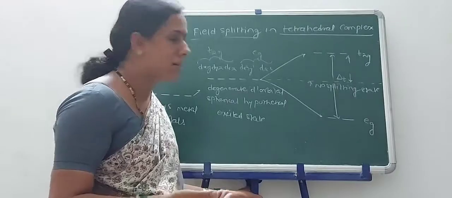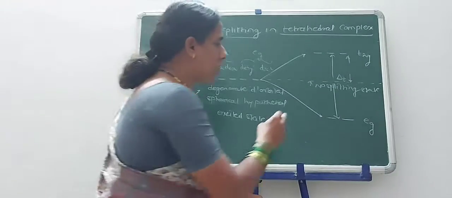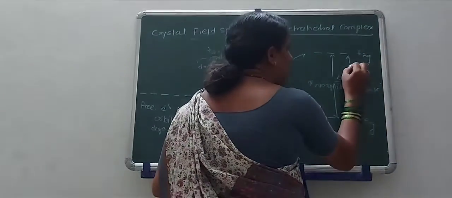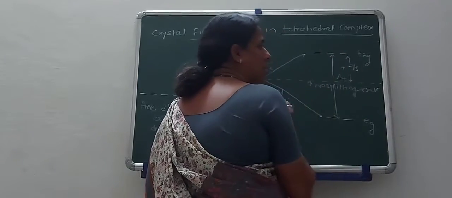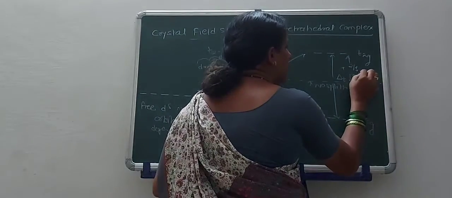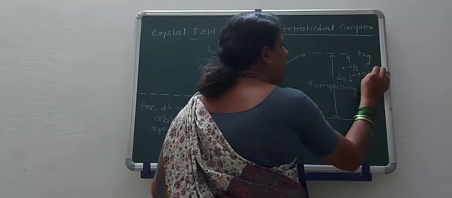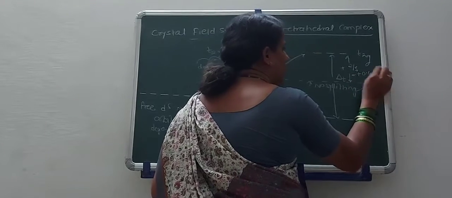How many orbitals have less repulsion? 2. Total orbitals equal 5. They are raised, so we take the plus sign: plus 0.4 delta T.